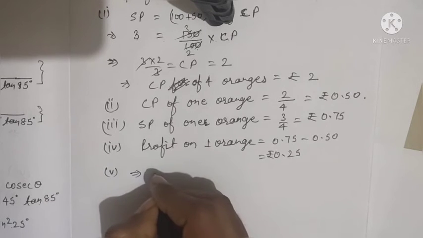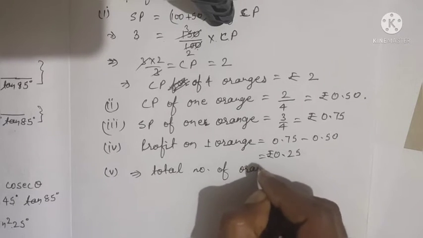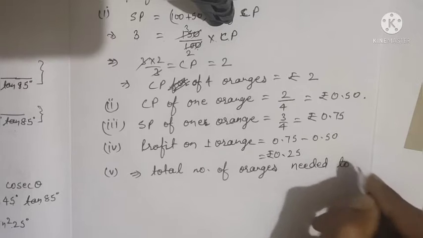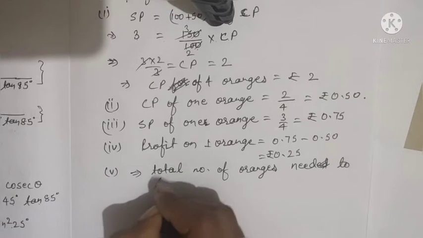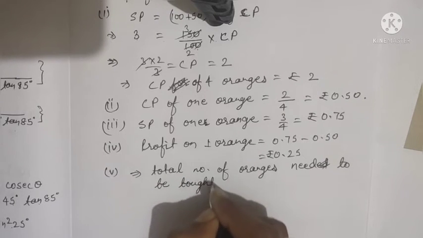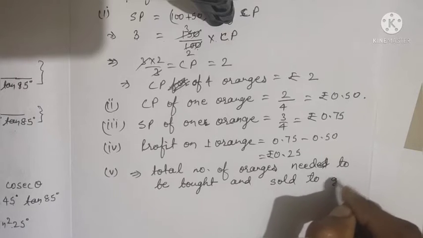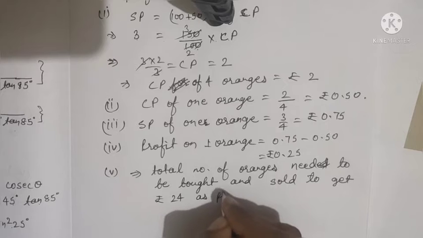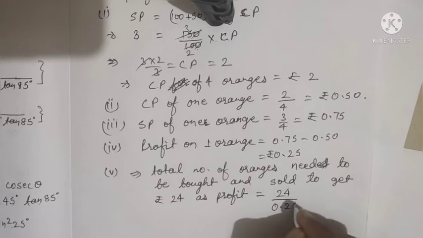That implies the total number of oranges needed to be bought and sold to get ₹24 as profit will be equal to 24 by 0.25.